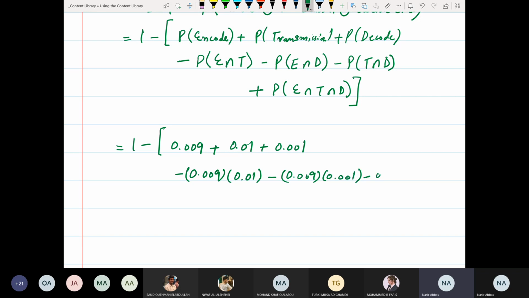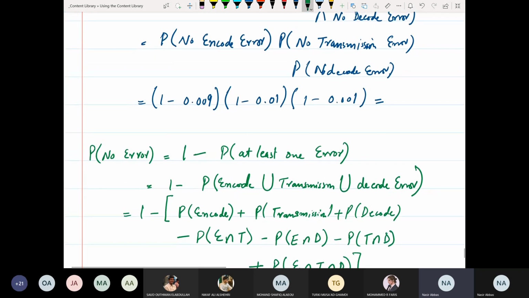T intersection D will be 0.01 times 0.001, plus the intersection of all three, that will be 0.009 times 0.01 times 0.001. And this will give you exactly the same answer that you got with the blue color. But again, that solution with the blue color is much easier and much quicker.